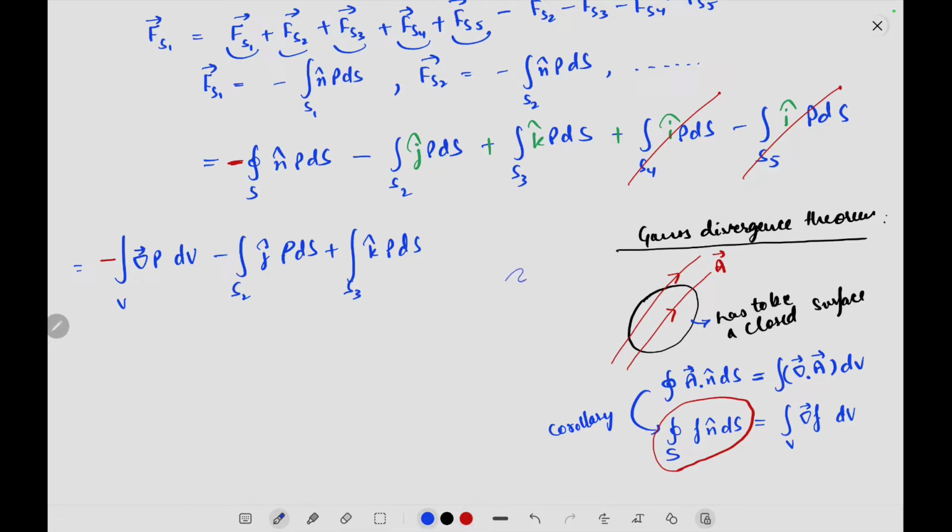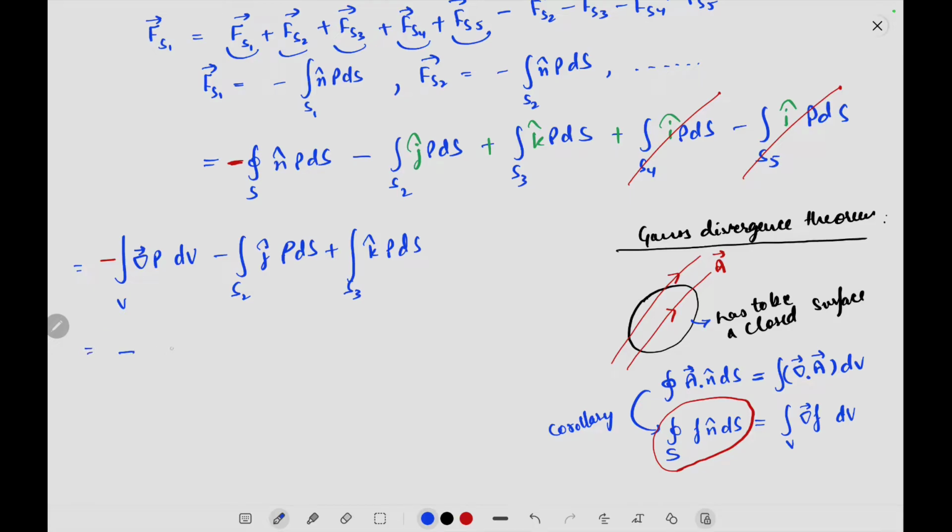Now if you remember, when we were deriving how pressure varies for a cubical fluid element, we derived the expression that grad p is equal to rho g vector. So we will use this expression here. We can just write this grad p as rho g vector.